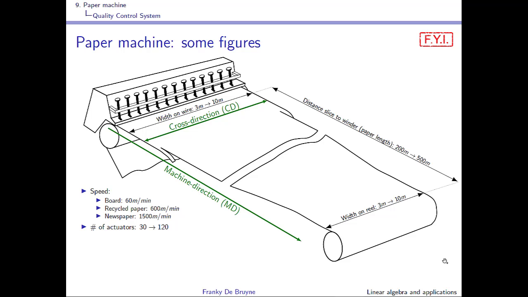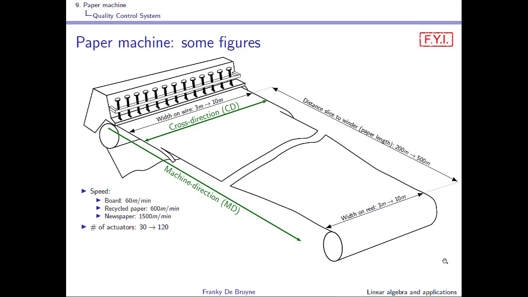The number of actuators that you can use for cross-directional control varies from 30 to 120. This is, for instance, the case for grammage control, where you have a certain number of actuators so that you can influence the lip opening and locally influence the grammage.